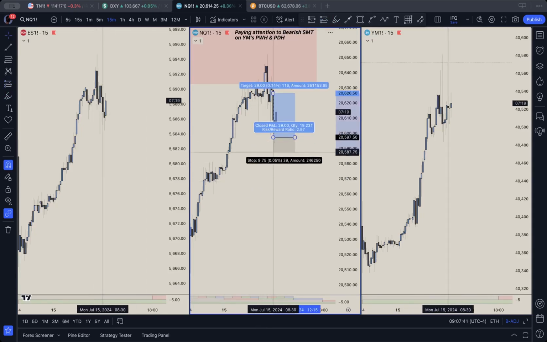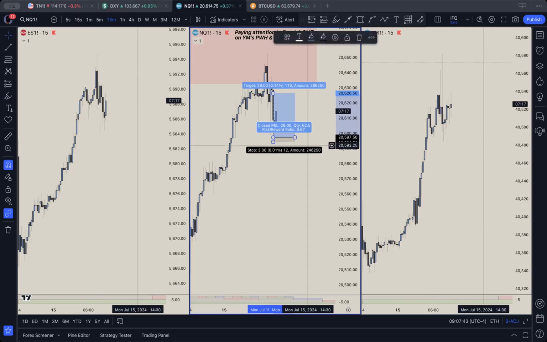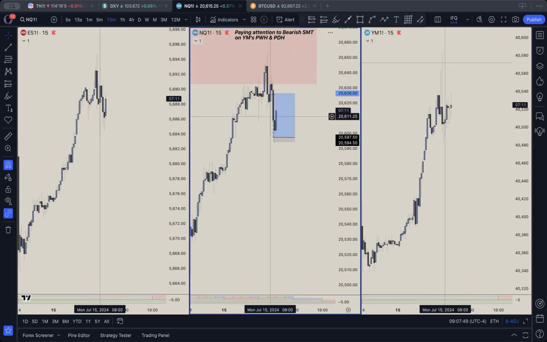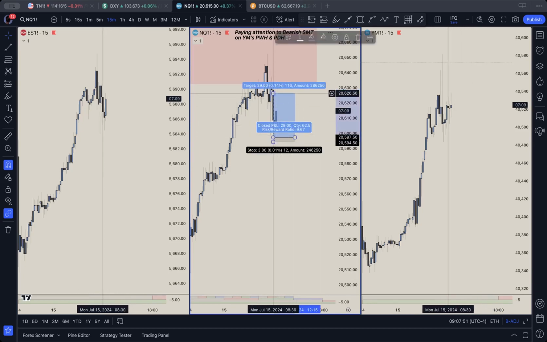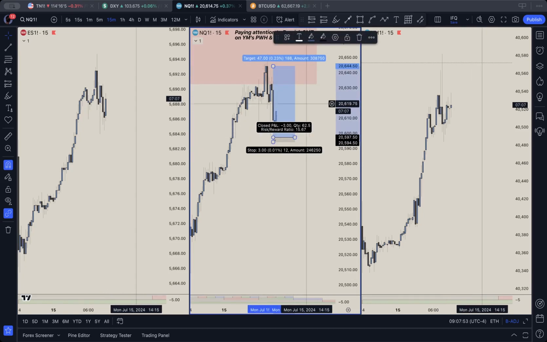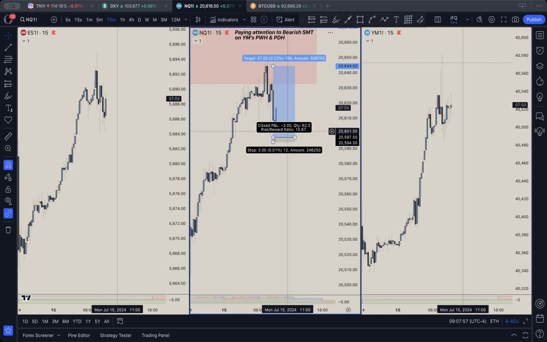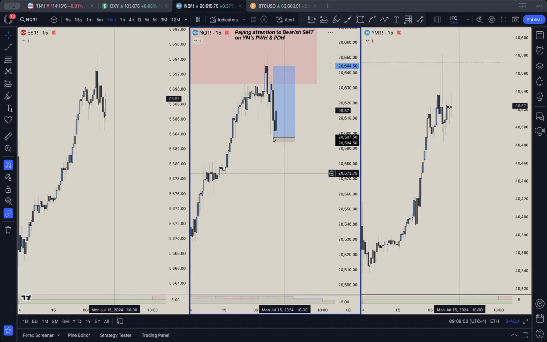Entered here. Stop right here. Yeah, I mean that's a good trade to be honest. So far it looks good. But damn, that is a tight stop loss. It's a 3 point stop loss. That's solid though. Good idea.